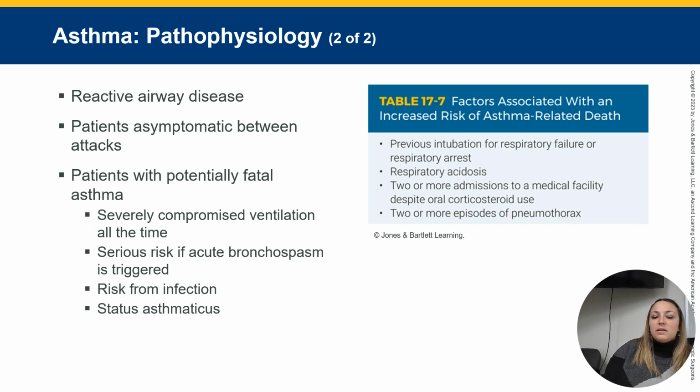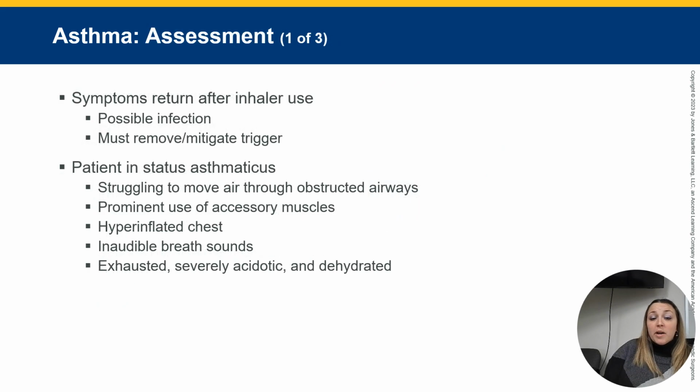But it can lead to severely compromised ventilation. Those with potentially fatal asthma usually have a history of it, and they can go into status asthmaticus. And so we want to be aware of that.